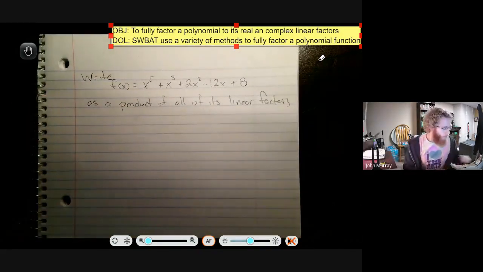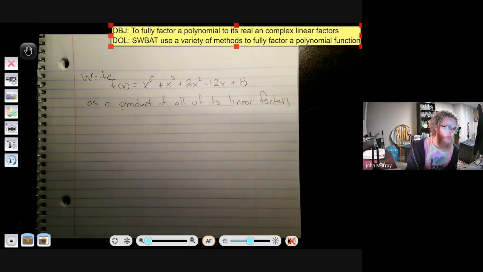So what this all amounts to is we are going to write a polynomial as a product of all of its linear factors. So we're going to break down this polynomial to every part, including complex factors. All right, so we're going to add a little bit at the end on how to find the complex factors, but you already know them, even if you don't realize that you know them.